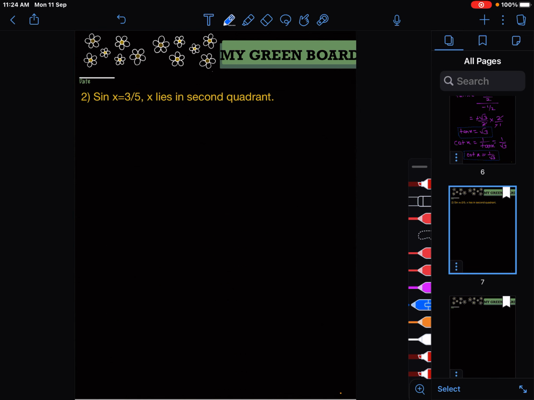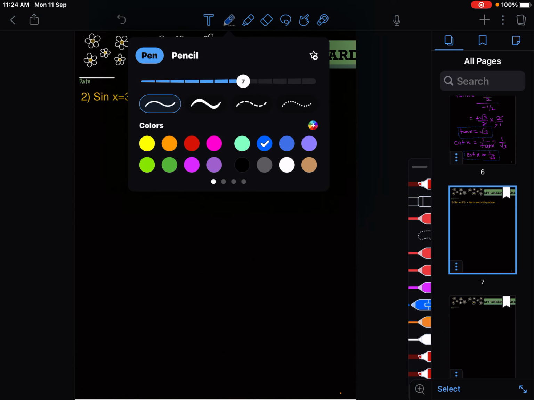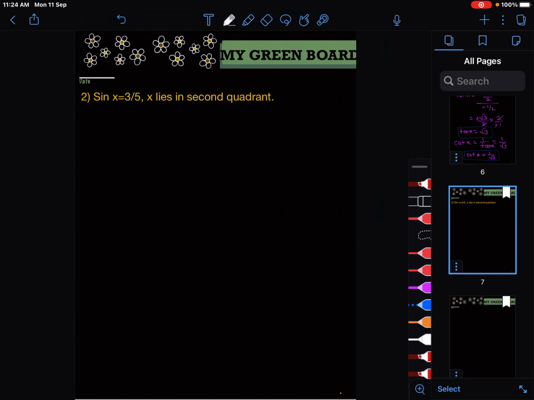Similar question we are going to do. Now they are asking: when sin x is equal to 3 by 5 and x lies in the second quadrant, find the value of the other 5 trigonometric functions.